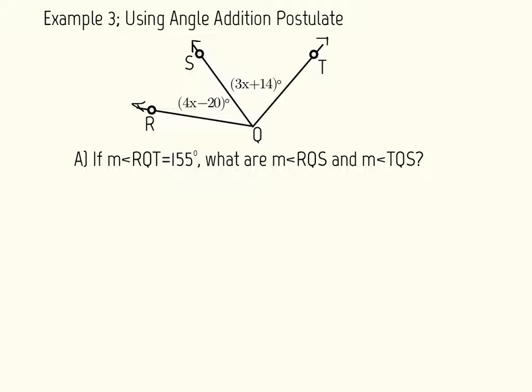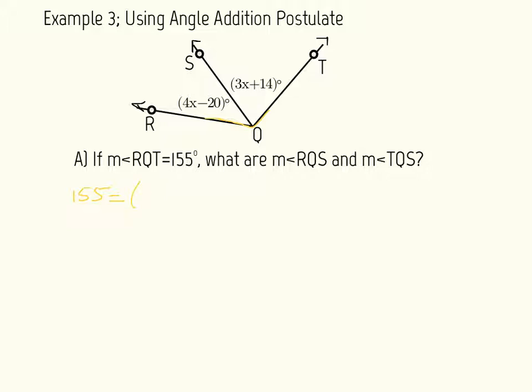Example 3, we're going to be using the angle addition postulate. If the measure of RQT is 155 degrees, what are the measures of angles RQS and TQS? Okay, so I know that the entire angle RQT is 155 degrees. So that means if I add this small angle and this small angle together, I should get 155 degrees.